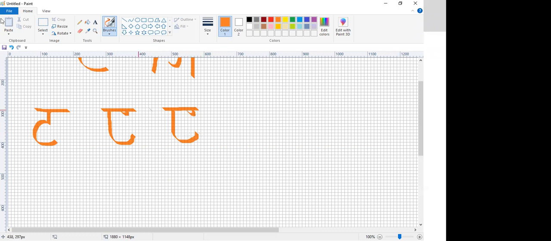So this is t. If I have to write in a regular pen, how does it look? Just like r, and then slide this shape.